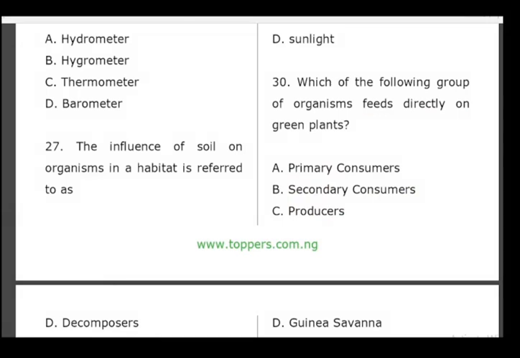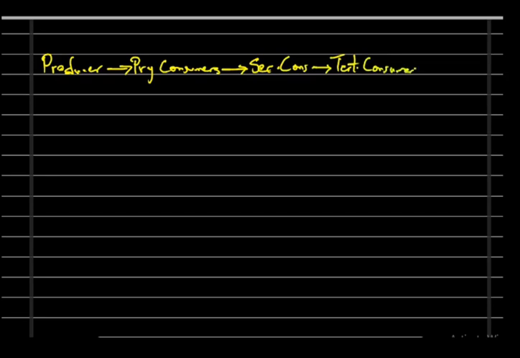The answer to this question is straightforward, but let us just look at how food is being transferred in the feeding relationship. So in a feeding relationship, particularly in a food chain, we have this to be our producer. Producers are naturally the grain plants, and then they are fed upon by the primary consumers, and then secondary consumers, and then we can have tertiary consumers before we now think of having the decomposers.